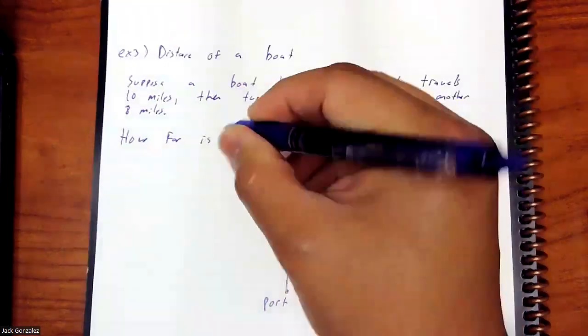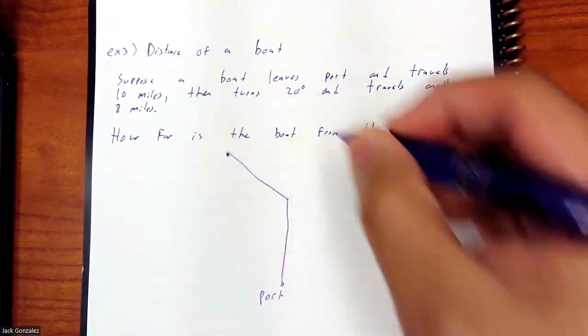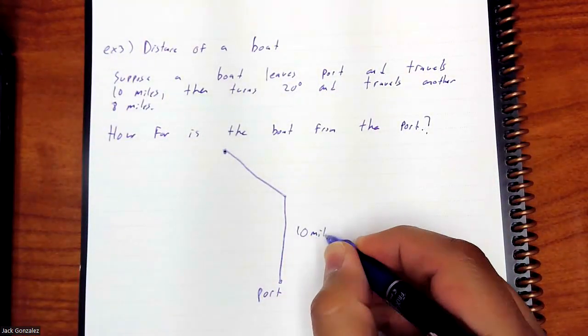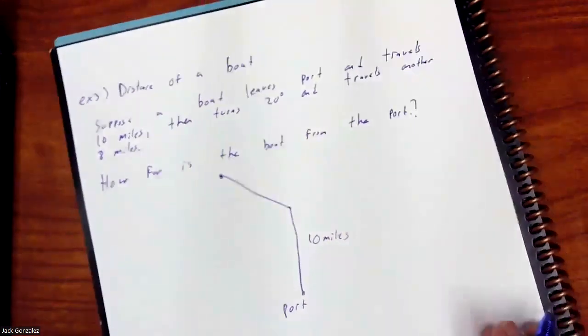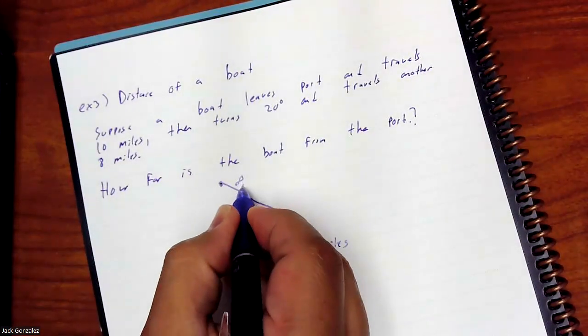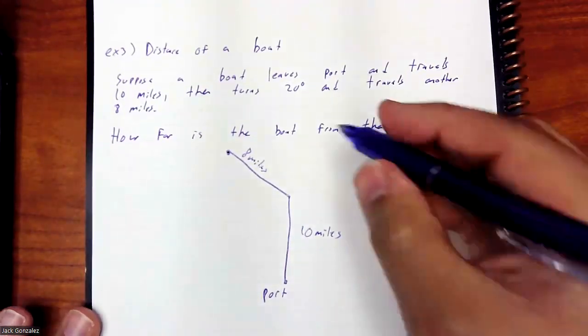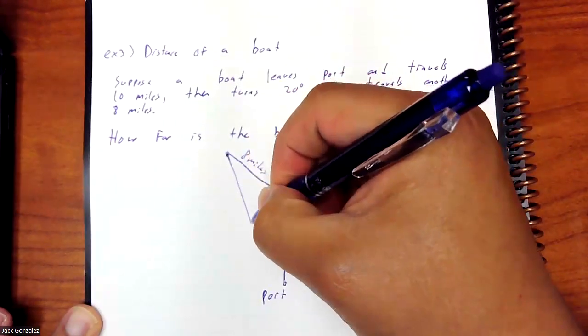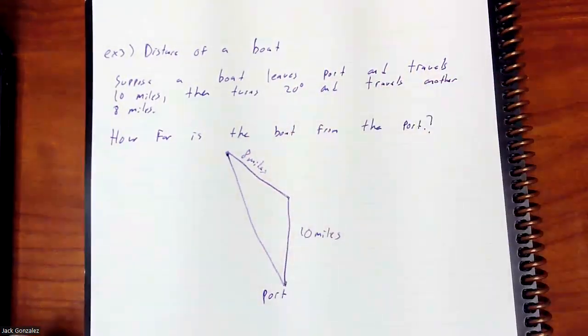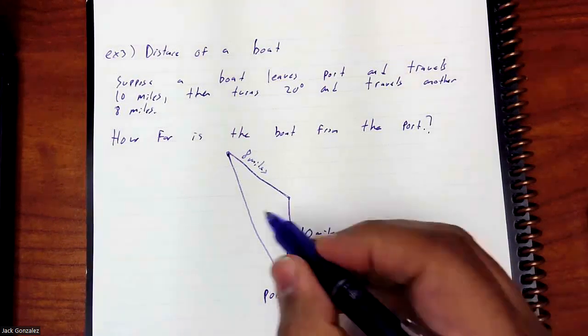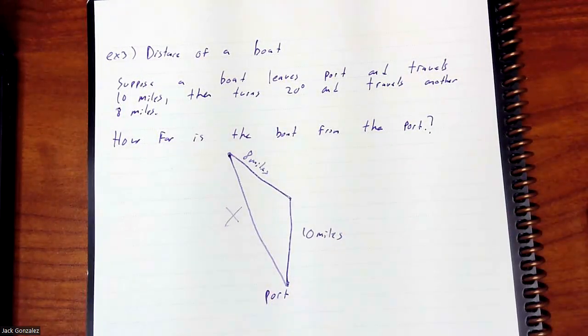So I'm out here. I go 10 miles this way, then I turn and go 8. So use your triangle pre-cal powers here. Find out how far you are from the port. In other words, find out x.